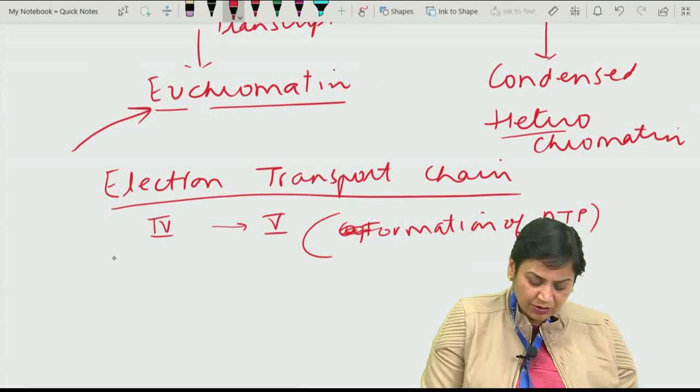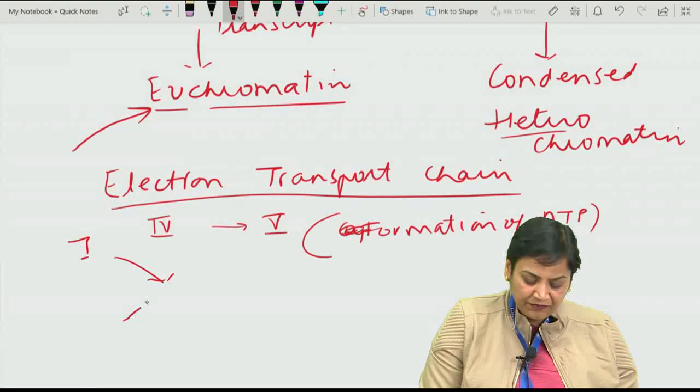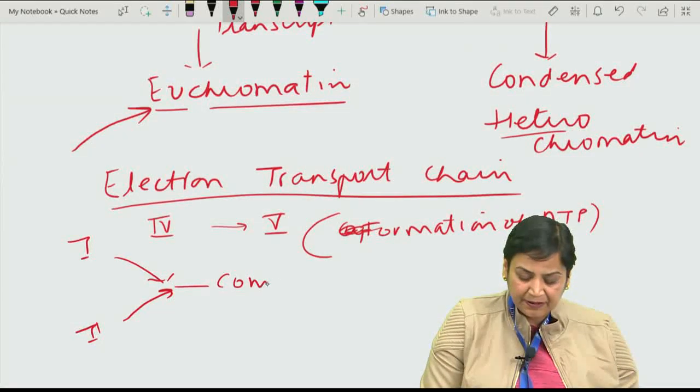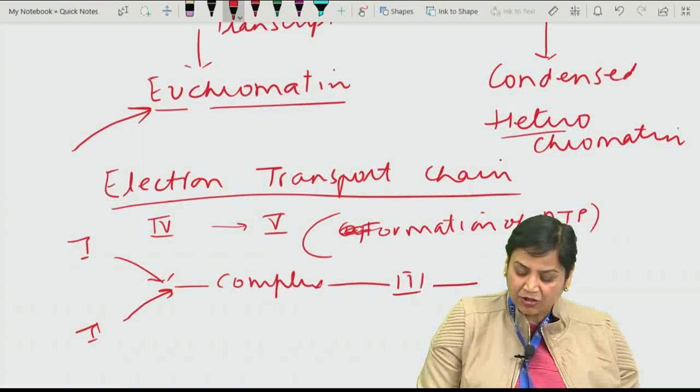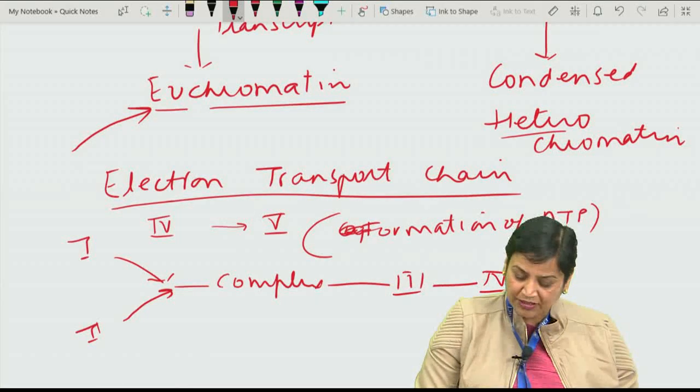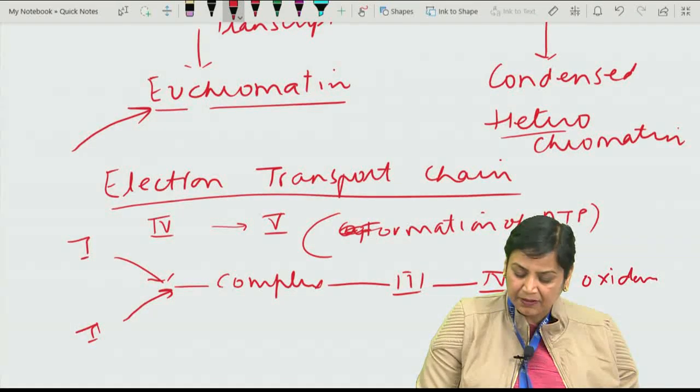All the reducing equivalents, whether from complex 1 or complex 2, finally hand over to complex 3, then complex 4, which is cytochrome oxidase, forming water.